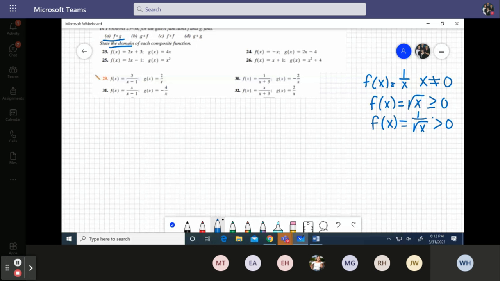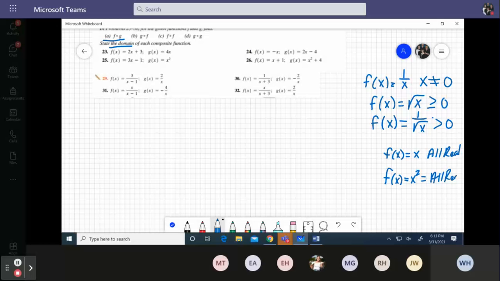All right, and the other thing we've got to remember before starting this section is that f of x is equal to x, when y equals x, anything linear, my domain is all real. What if I have f of x is equal to x squared, all real, or x cubed, all real, right? We've got to remember when we have those, all real.